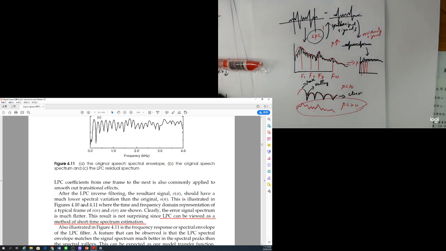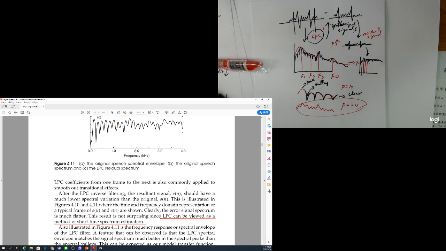So how do we find the best 10 coefficients for this speech frame? We come out with something like an inverse matrix. Maybe they use the autocorrelation method, the covariance method, or even the lattice method.